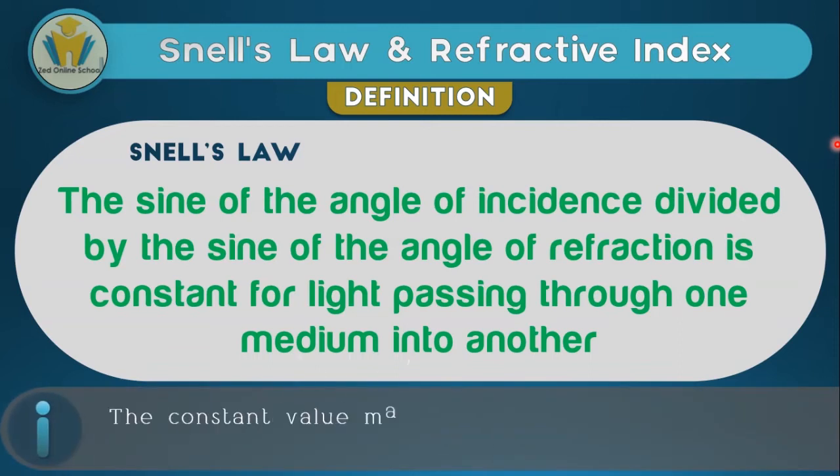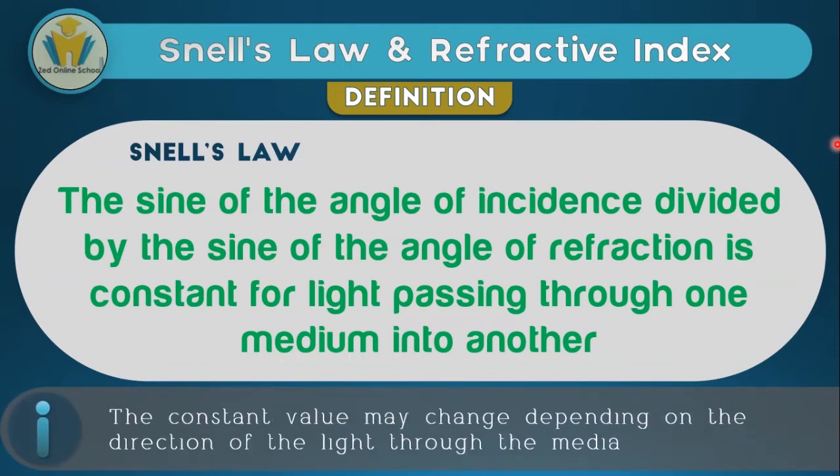However, it's very important to note that the constant value may change depending on the direction of light through the media. What this means is that we might have the same media, for example, air and water, like we had in the previous examples. If light is passing from air going into water, the constant value will be the same. However, the constant value might change if the light moves from water into air.